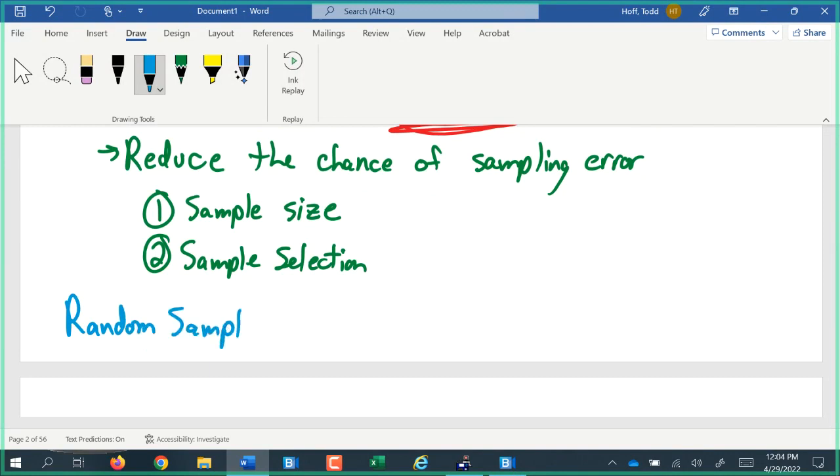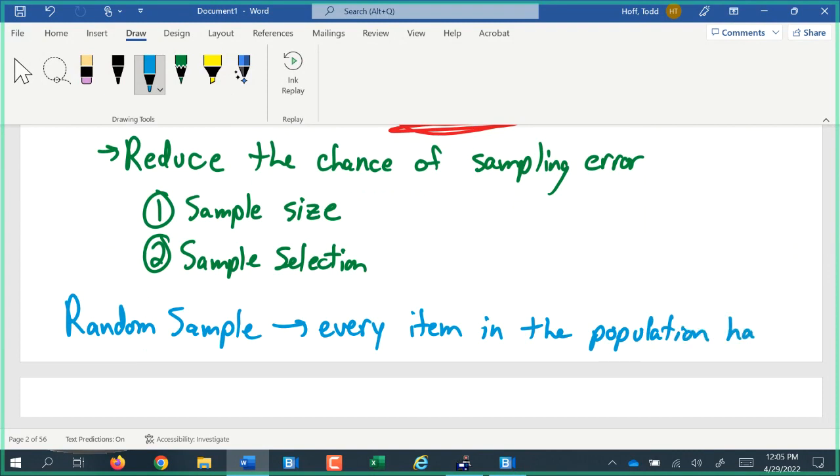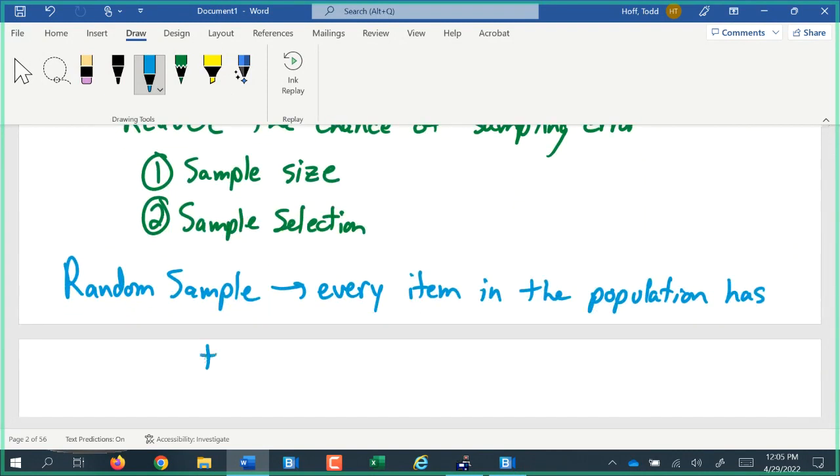In a random sample, the random means that every item, whether it's a person or a machine part or whatever, in the population has an equal chance or the same chance of being selected for the sample.